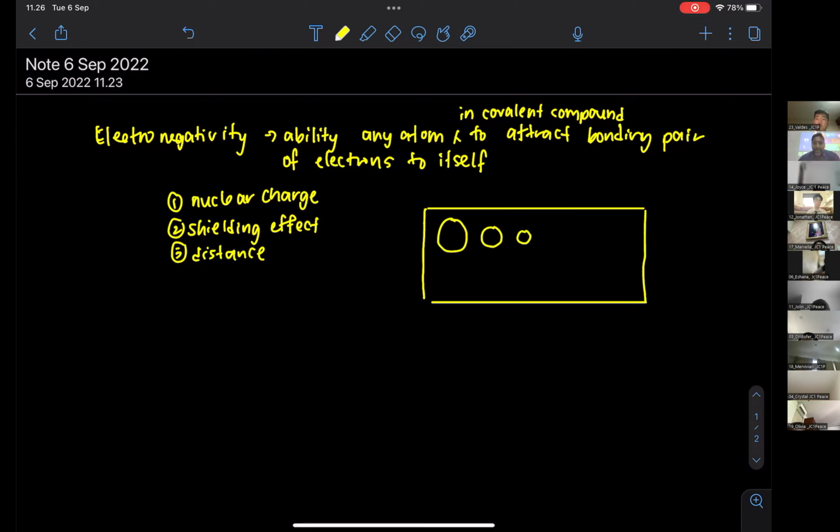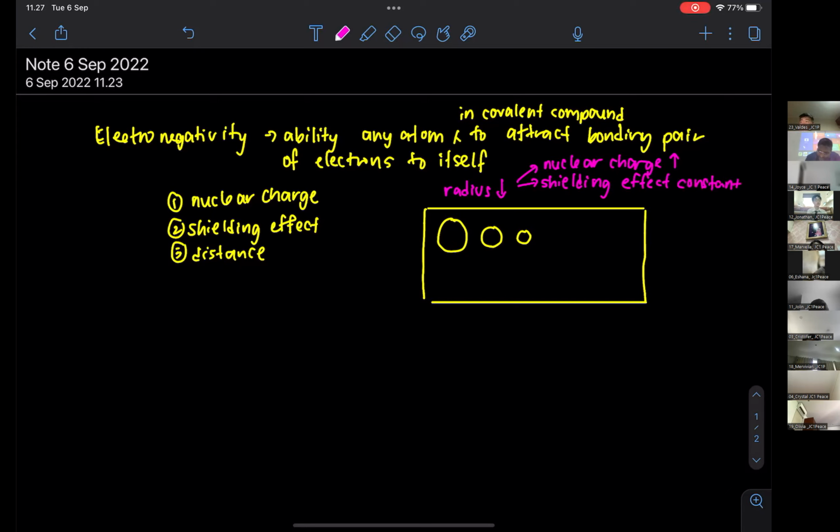Why? Because your nuclear charge is increasing, or the number of protons is increasing. Shielding effect remains constant because of the same number of shells. And the radius is decreasing, which is related to your distance.